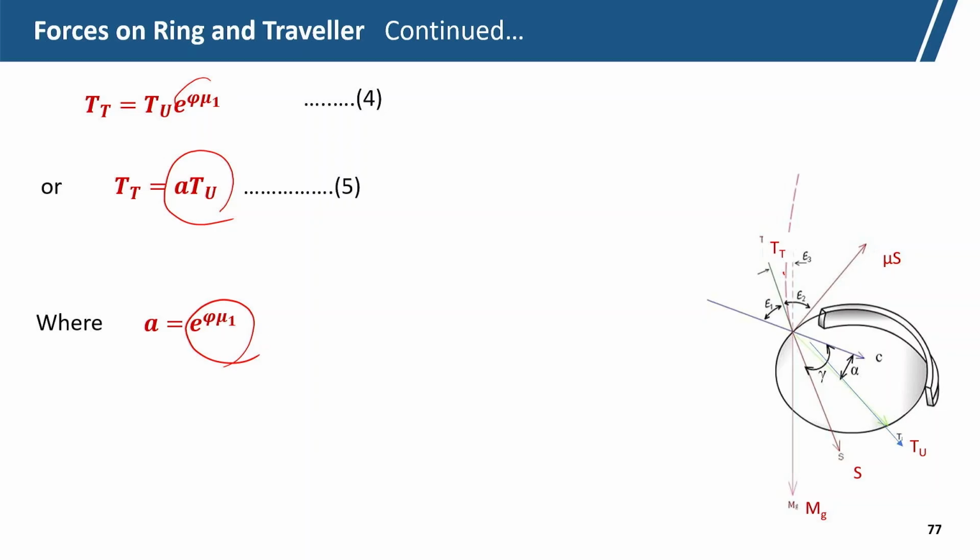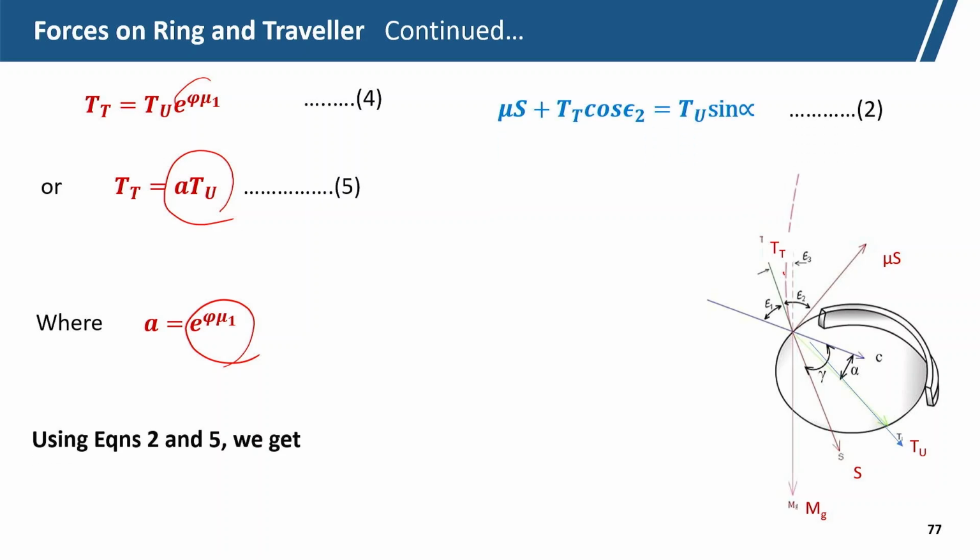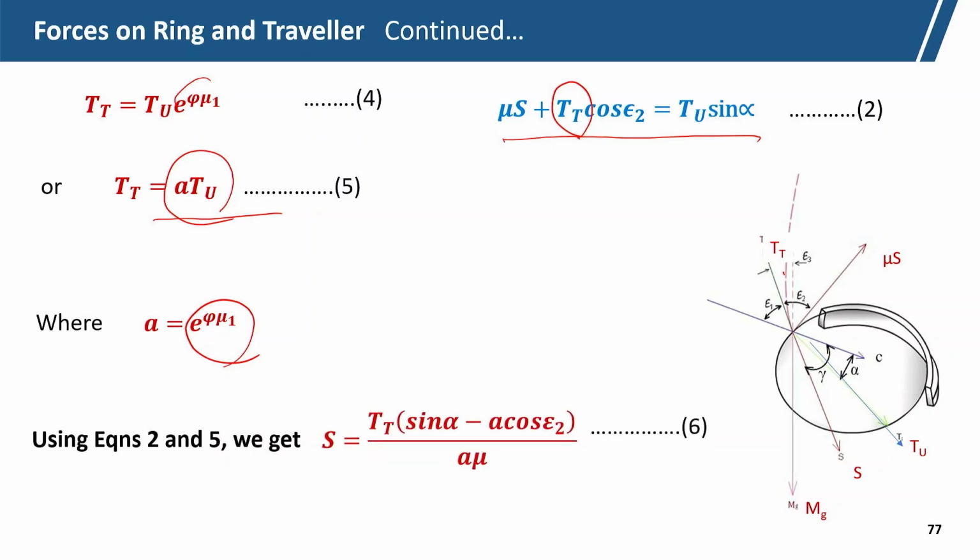So, that is replaced here, and using equation 2 and equation 5, we replace this T t in equation 2. What do we get? We get S equal to T t sin alpha minus A cos alpha by A mu. So, from equation 2 we get equation 6 using equation 5.